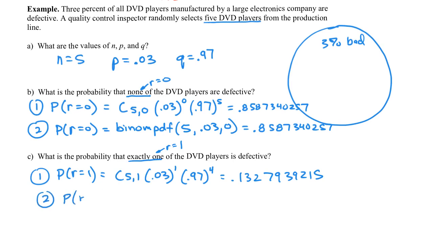So the probability that R equals 1, we would use binomial PDF, N, P, R, so 5, .03, and the only difference now is 1. And if you remember from before, if you have this in your calculator and you hit your second key and then enter, this will come up again. Then you can just change that 0 to a 1. That second enter cycles through the last commands. And if you do this, you should get the same number here.